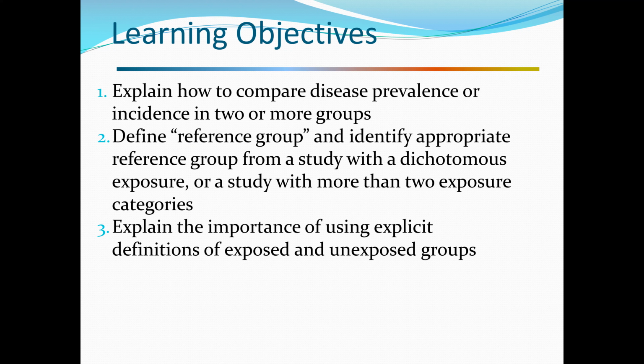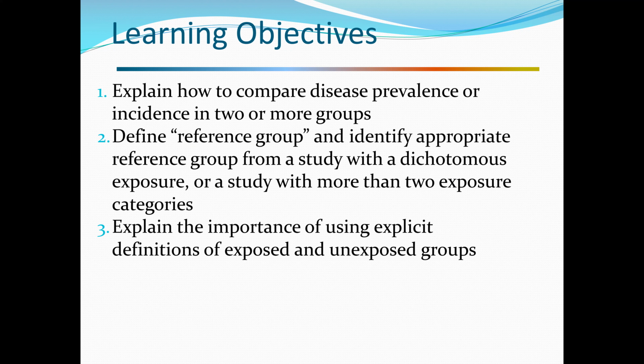So comparison is the essence of epidemiology. By comparing 2 or more conditions together, we can know the effect of a specific exposure or risk factor. So here we compare measures of disease frequency, such as the prevalence, cumulative incidence, and incidence rates.